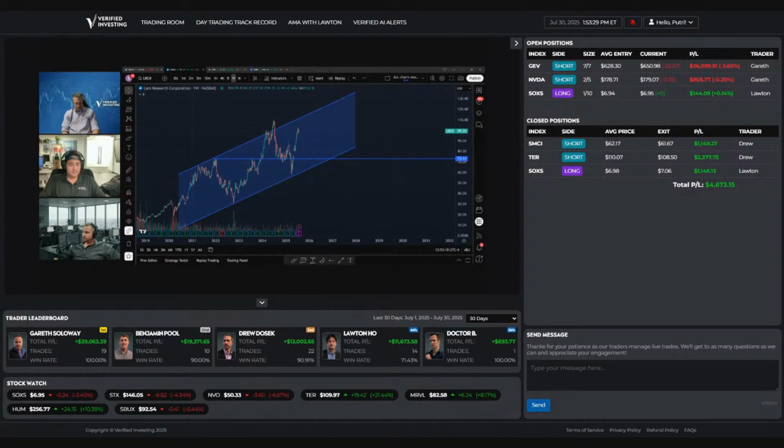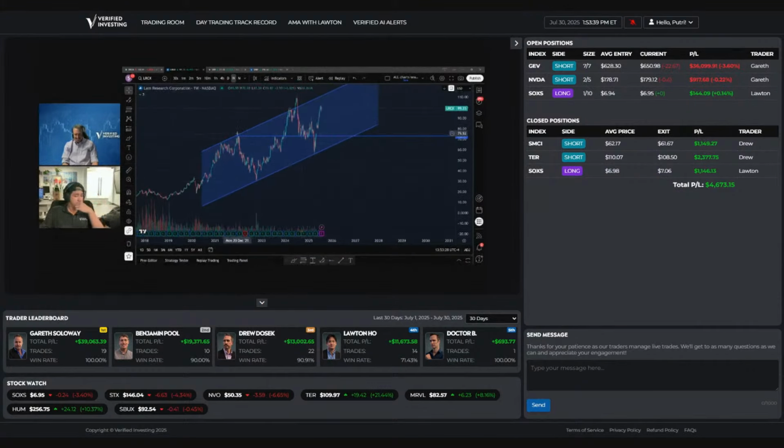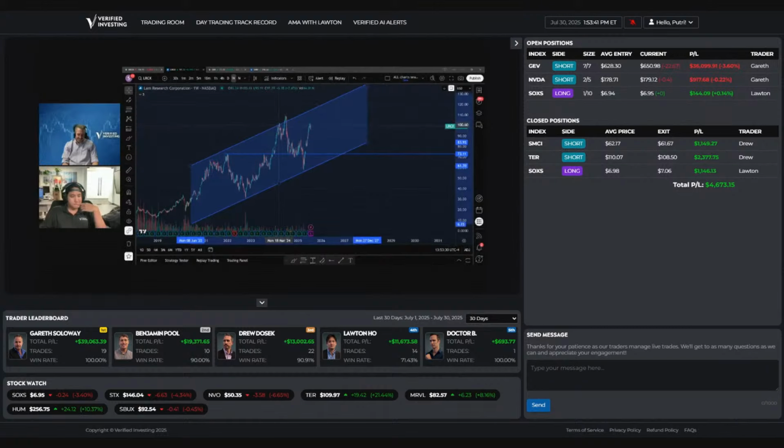So David is asking about LRCX. You have it up on the screen here. The first thing I saw when I looked at this chart was a parallel. Whether it's here or here, you can make the case this is maybe the valid parallel.